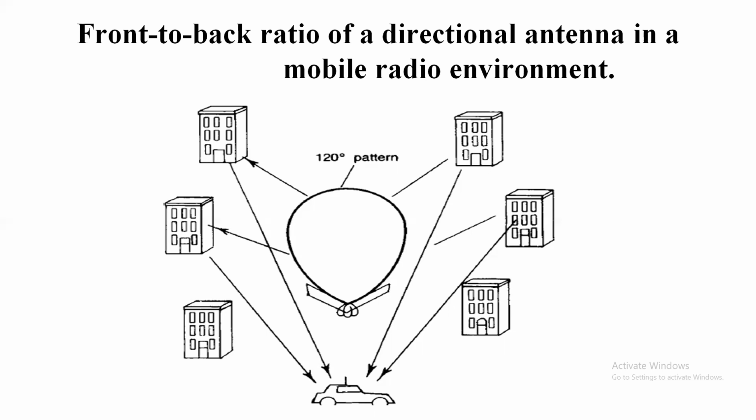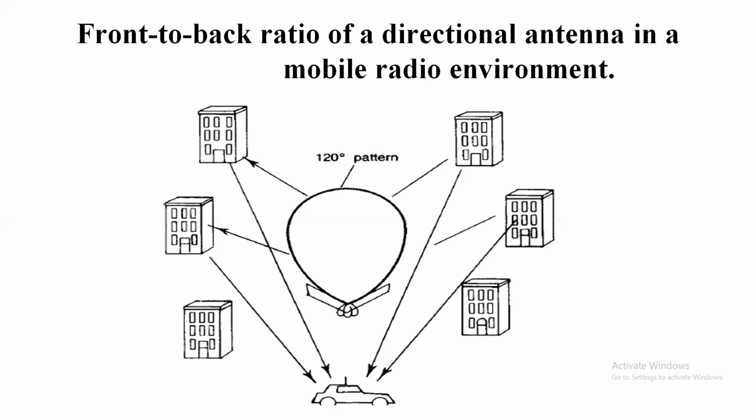And the other one is, if a directional antenna is of 120 degrees, the back lobe of the directional antenna is around 10 decibels less than the front lobe. We are aware of that. The antenna has a certain main lobe and side lobes.